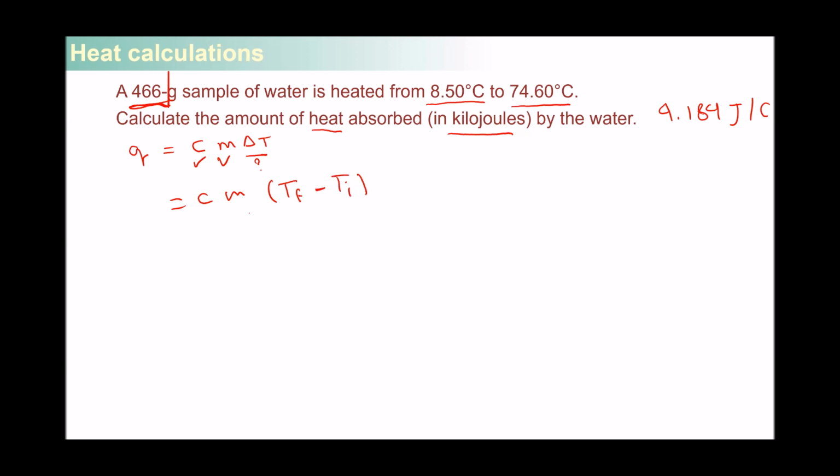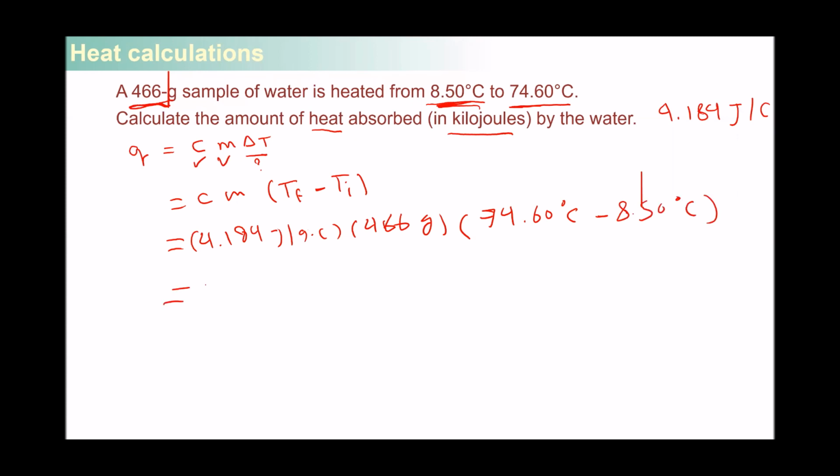So it's 4.184 joules per gram degree times the mass, 466 grams, times the change in temperature: the final temperature, 74.6, minus the initial temperature, 8.5 degrees.